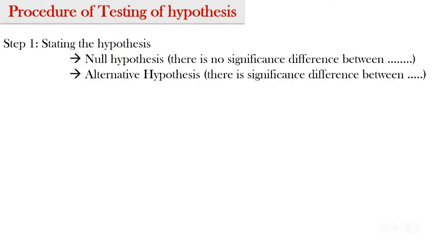But the alternative will be the alternative of equal to, which is not equal to, hence we say there is significant difference between the variables which we are going to test.